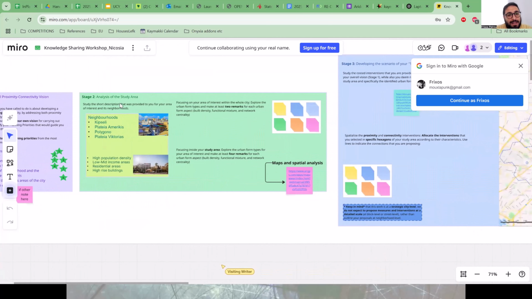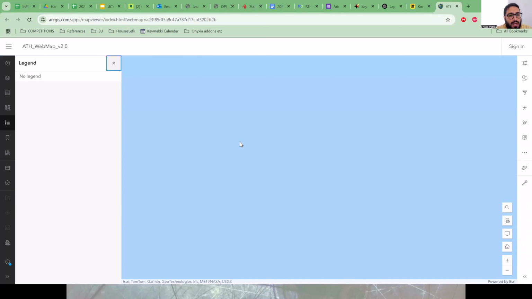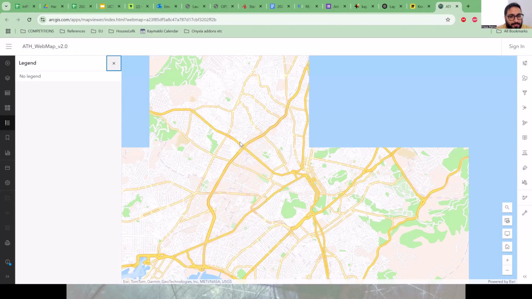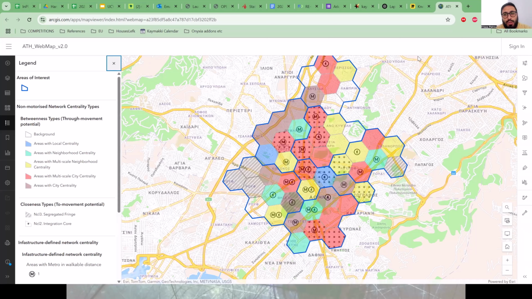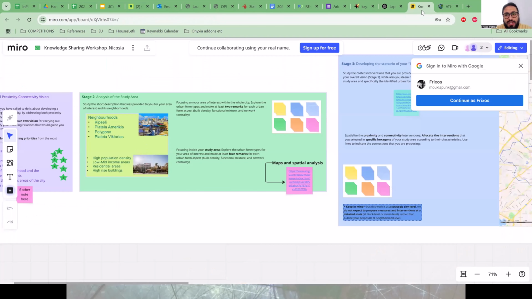Then to analyze a bit the study area by using also a web map that we have created that has all these things that I presented, all these different types. So you would have to go through your study area and comment, make some remarks both for the whole city and inside the study area.